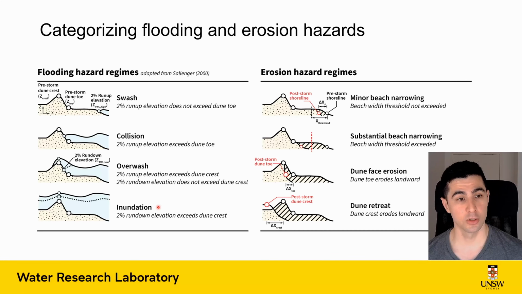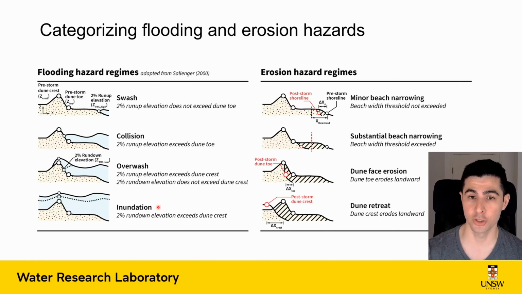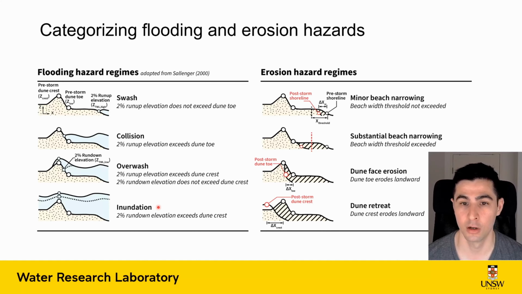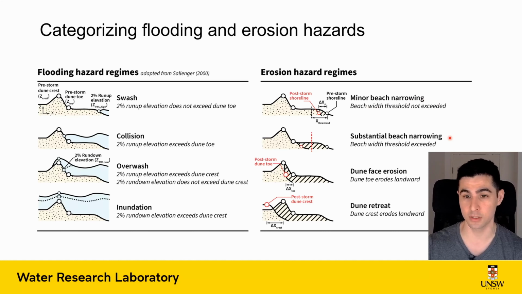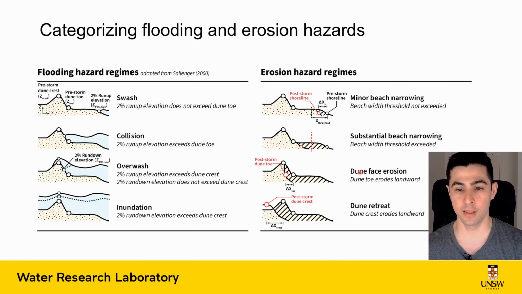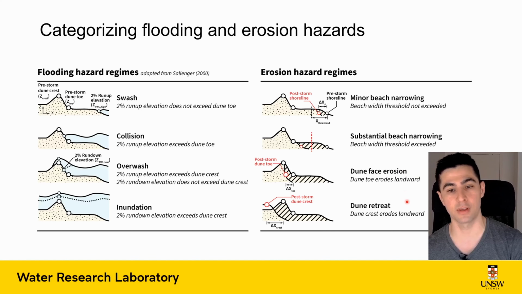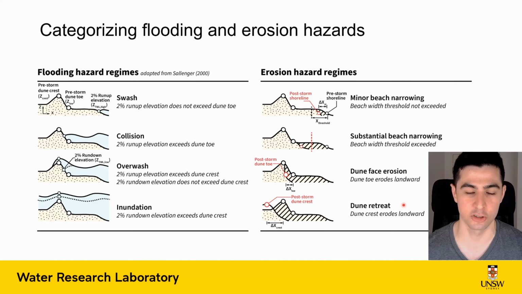So Sallenger looks at the vertical elevation of the water, but the erosion hazard regimes look at the horizontal recession as the result of erosion. And so we define 4 regimes that look at how much the shoreline is going to change, and that allows us to define whether something is minor or substantial beach narrowing, and then the effect of the dune erosion. So if just the face is eroded, then that's dune erosion, but if the actual crest moves landwards, then that's dune retreat.